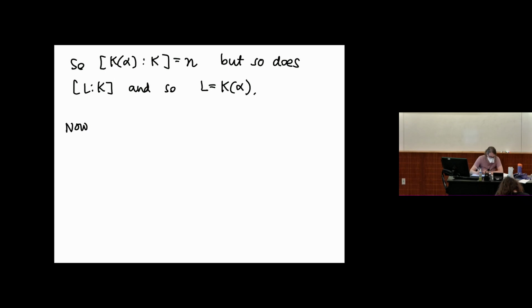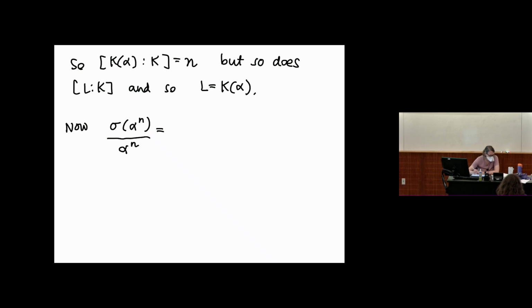Now, if I apply sigma, still the generator of this Galois group, to alpha to the n, and I divide by alpha to the n, what I want to show is that ideally this is 1.